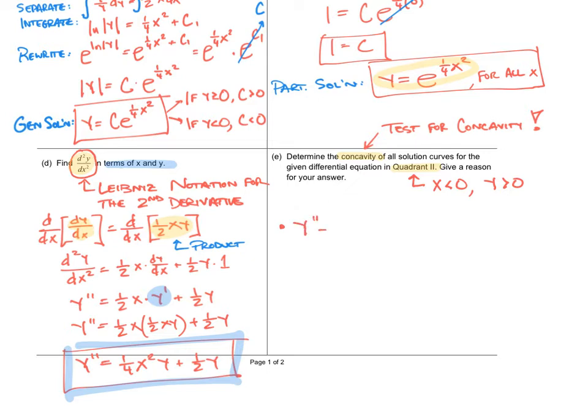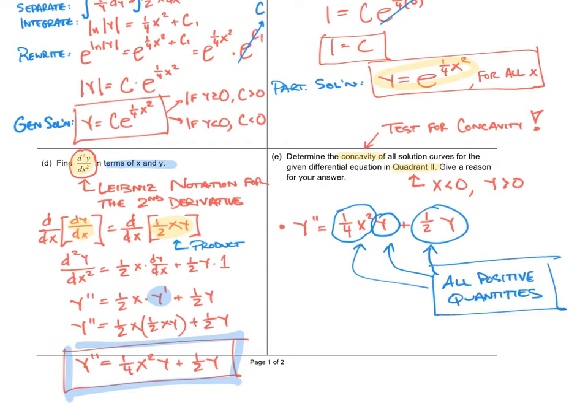We have y double prime equals 1/4 x squared y plus 1/2 y. Now let's analyze each of the quantities in here separately. We've got this quantity, and this quantity. Well, x is less than 0, but we're squaring it, so that becomes a positive. y is already positive. So these are all positive quantities.